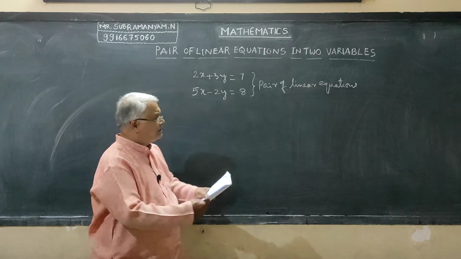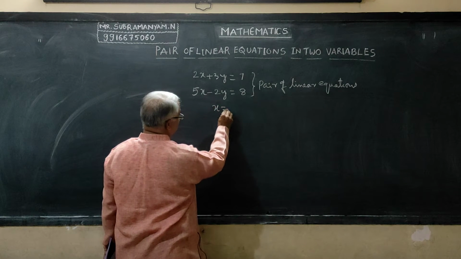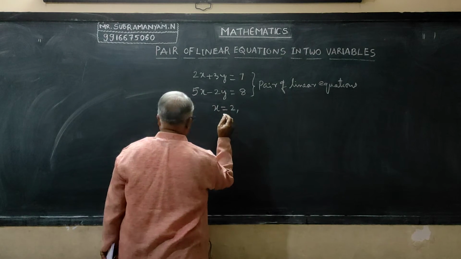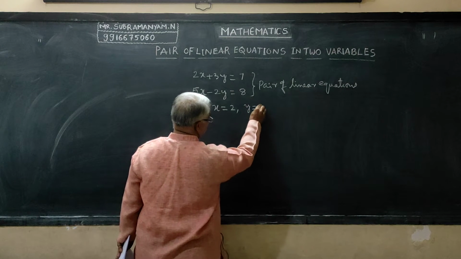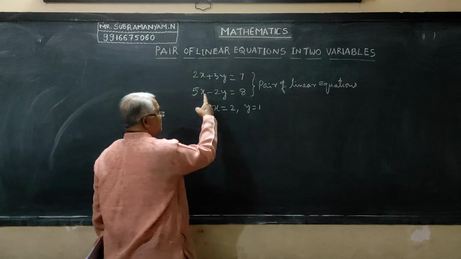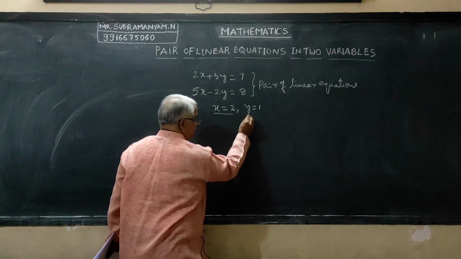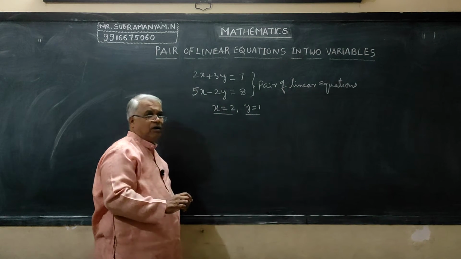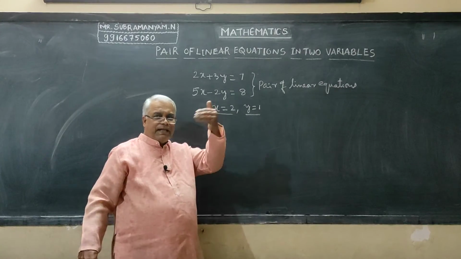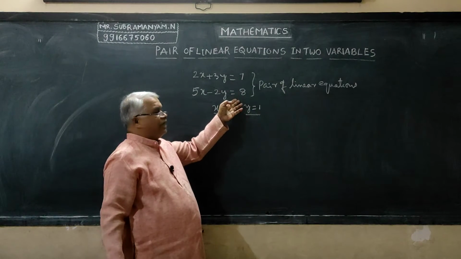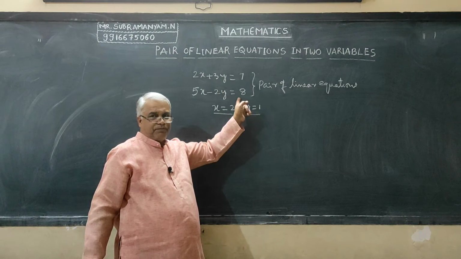When we solve this, we get x value as 2 and y value as 1. Both equations are satisfied by x equal to 2 and y equal to 1. How we got it, we are going to see in the next steps, that is, when we take the solution of pair of linear equations.